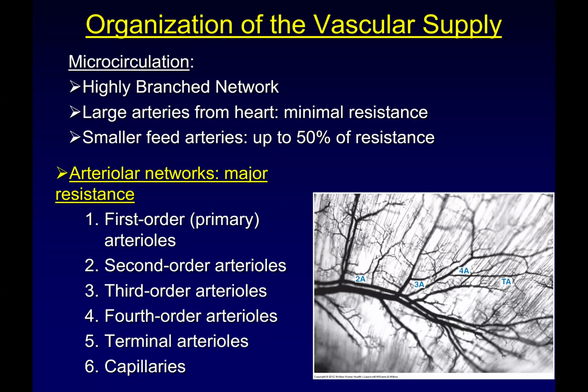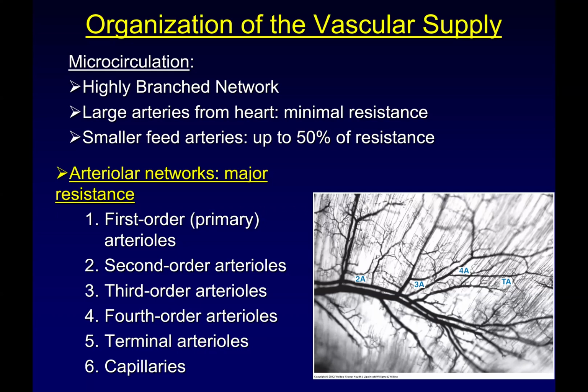Okay. Here are pictures of arterioles, of the arteriolar tree. You've got these larger arterioles, the primary arterioles, and then things branch essentially perpendicular to each other. It comes off, it branches, and then you get a perpendicular branch, a perpendicular branch. And the little bitty things you see in the background are capillaries. Okay. And so we can look at our arteriolar network.